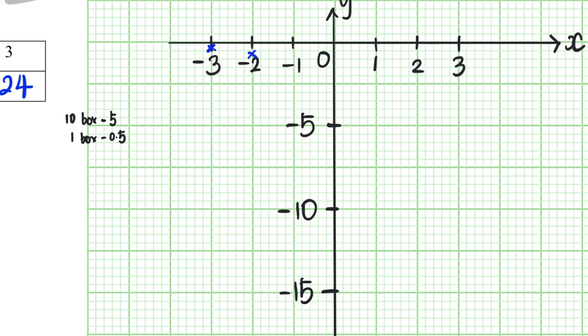Let's continue. -1.5 will be here. 0 and -3, so -3 will be here. So as we continue to plot, 1 and -6, 2 and -12, it will be 11, 12, and the last one 3.